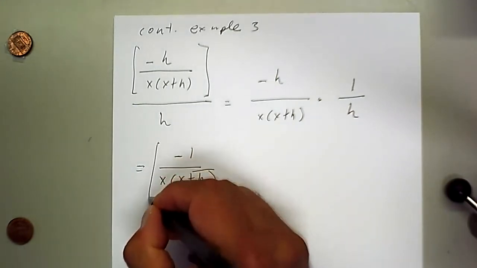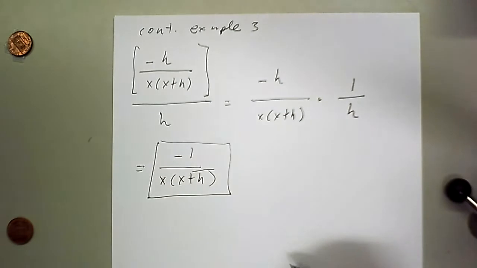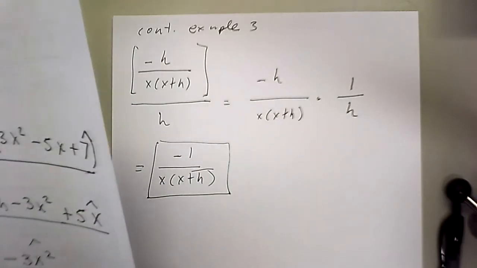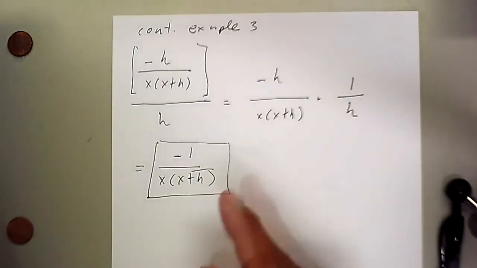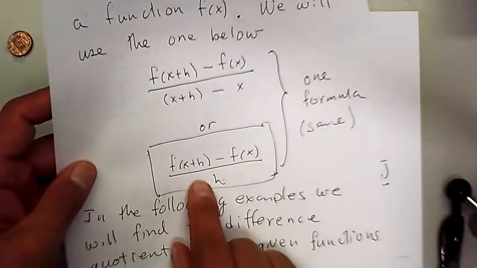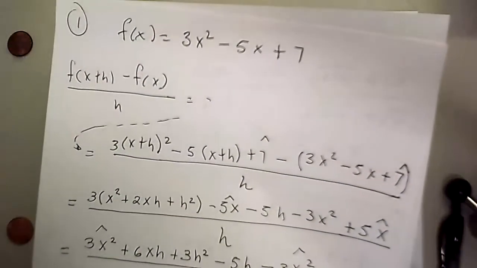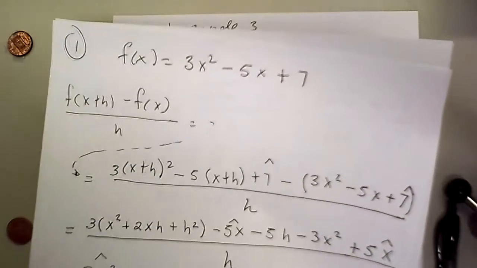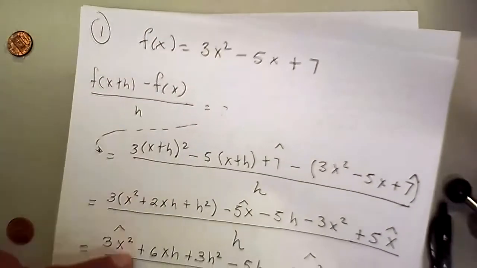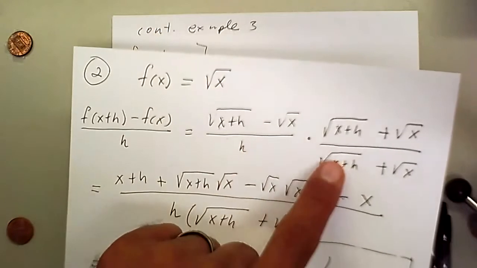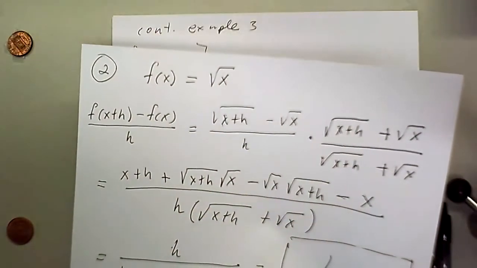So this is the difference quotient. One thing I want to keep emphasizing is, even though we're doing one kind of difference quotient, this is the formula. We do different things depending on the kind of function we have. So for this quadratic function, we do this work. If you have a root function, we do something different. We multiply by the reciprocal.